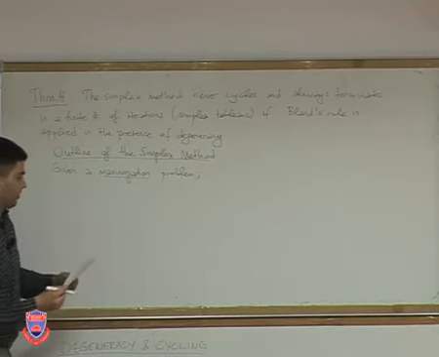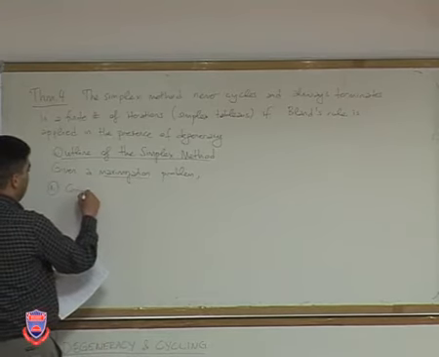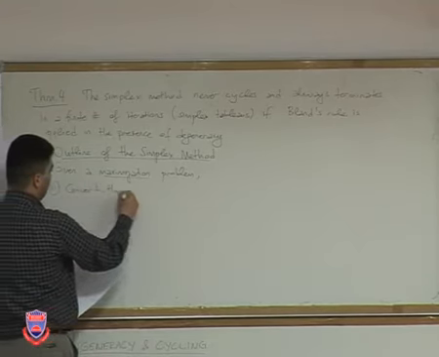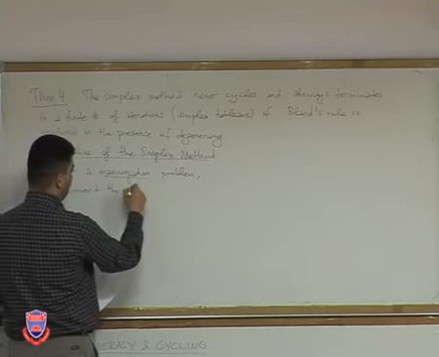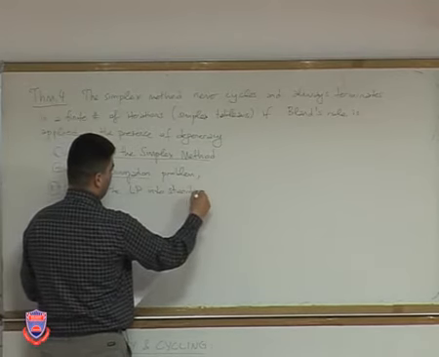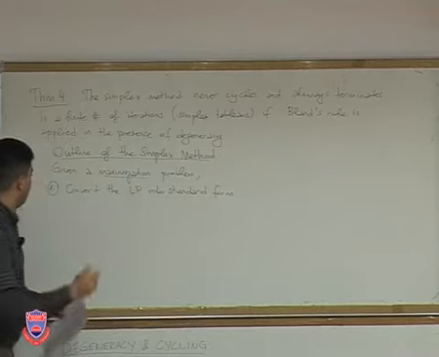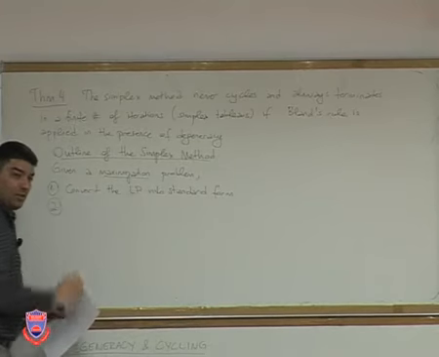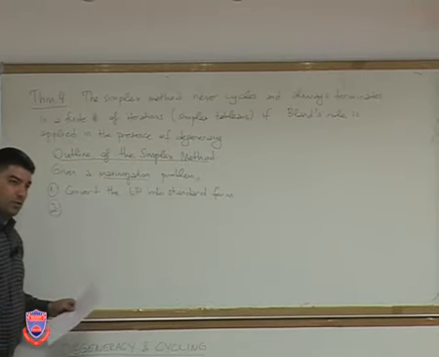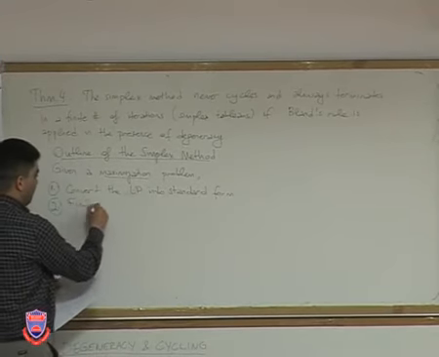Just multiply the objective function by -1. So the first step is to convert the LP into standard form. And we know how to do this, right? We know that every LP problem can be converted into standard form. The second step is to find an initial basic feasible solution.